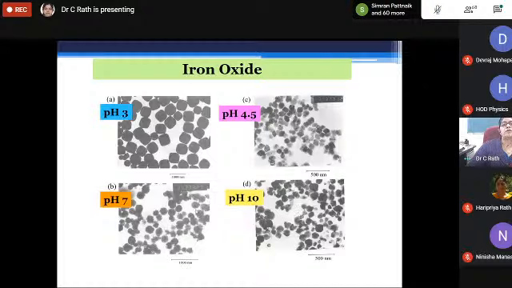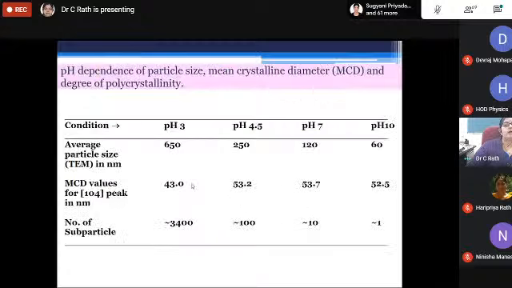Iron oxide is a very weak ferromagnet, and nobody could expect such high coercivity in this weak magnetic material. But we observe this kind of behavior in these pseudocubic particles of iron oxide prepared by hydrothermal.